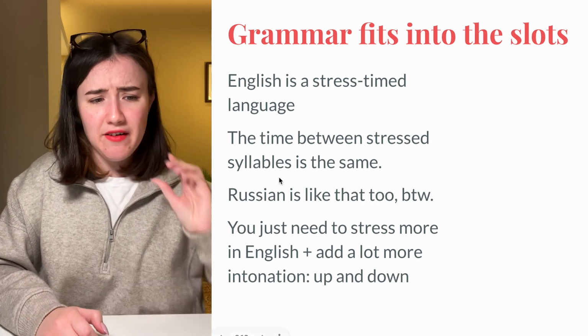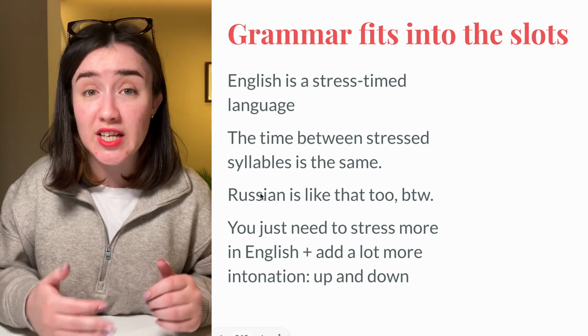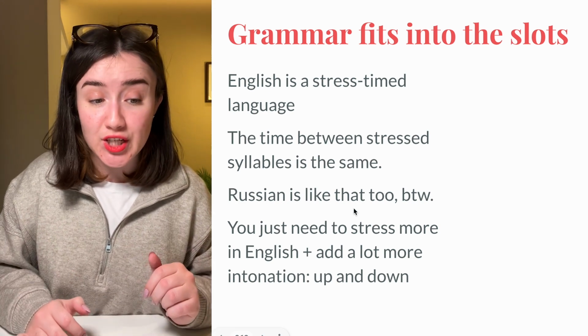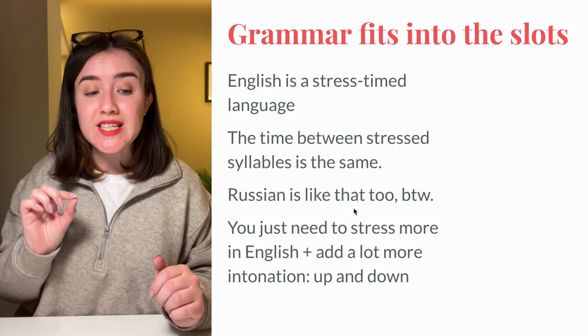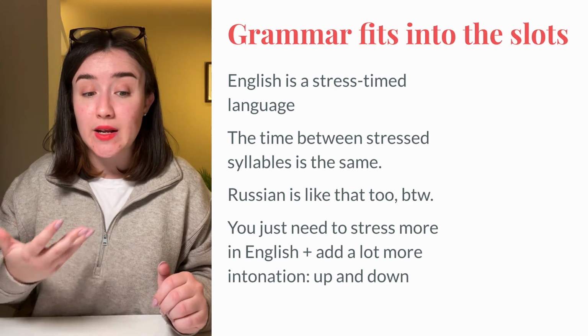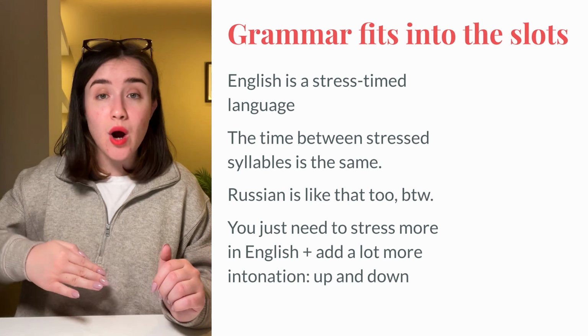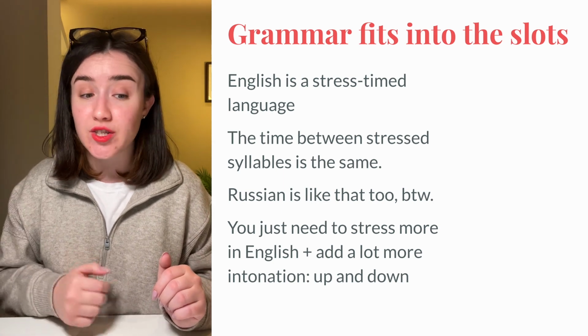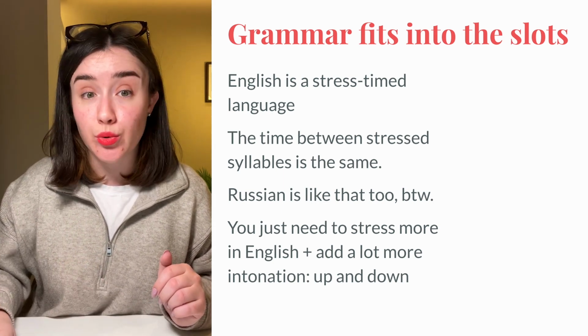I'm sorry, I haven't changed this word from Russian to Ukrainian. Ukrainian is like that too. So you need to stress more in English so that it sounds more natural, in American, and go up and down more in intonation so that it doesn't sound like Ukrainian.